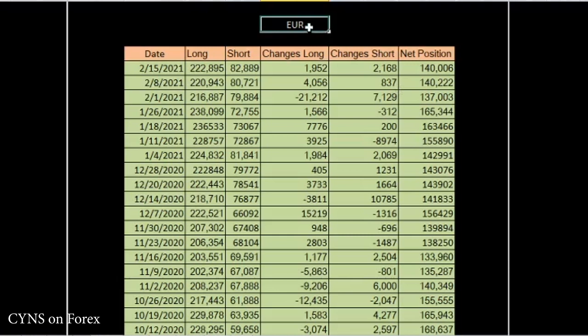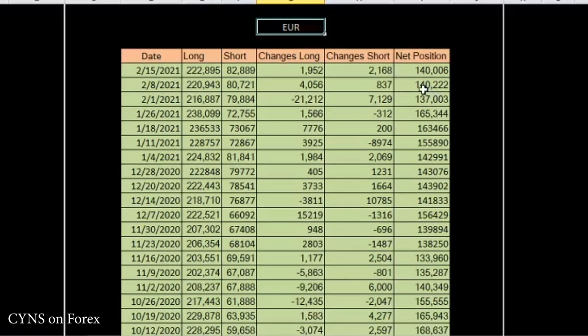If we look at the COT perspective, what can we see in the market, which is what hedge funds are currently doing? In the last report, we can see net position decrease, but if we consider the previous report, net position increased from 137k to 140k.